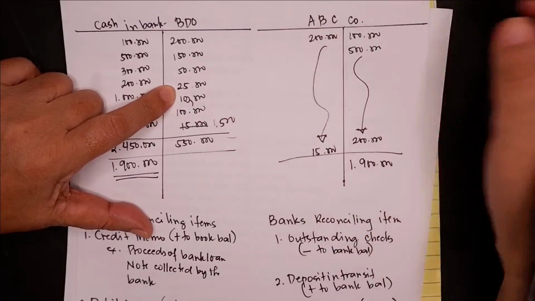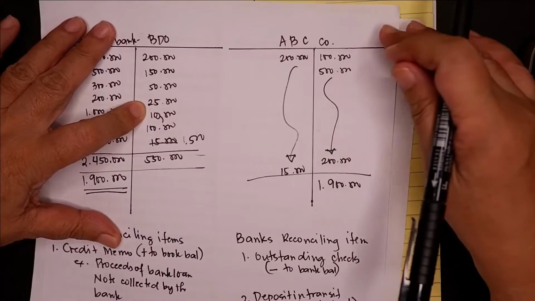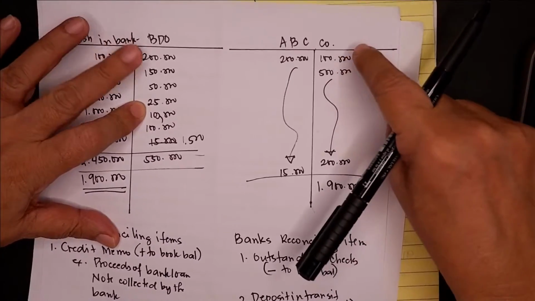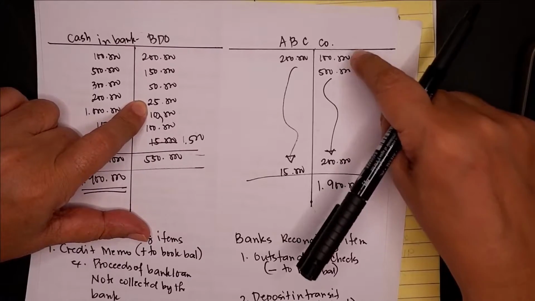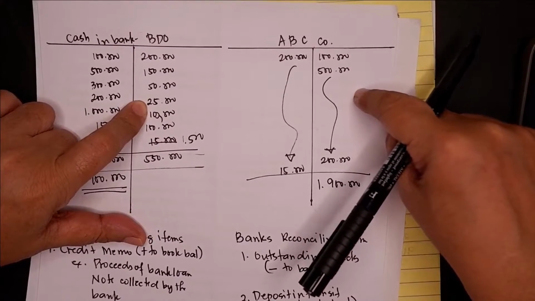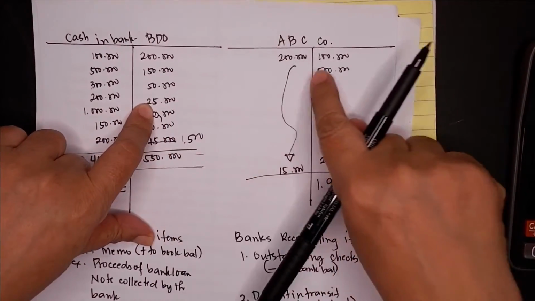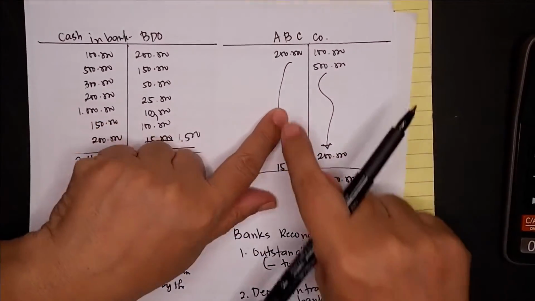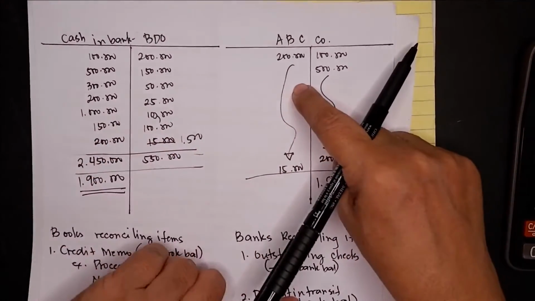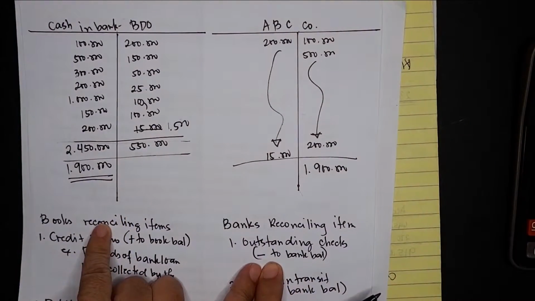The check was already given to Meralco, but Meralco hasn't deposited it yet. So BDO has not yet deducted it from our account. So we already have the minus here, but the bank hasn't recorded it yet. So to reconcile, the bank should also deduct it. That is why it is minus to bank balance.